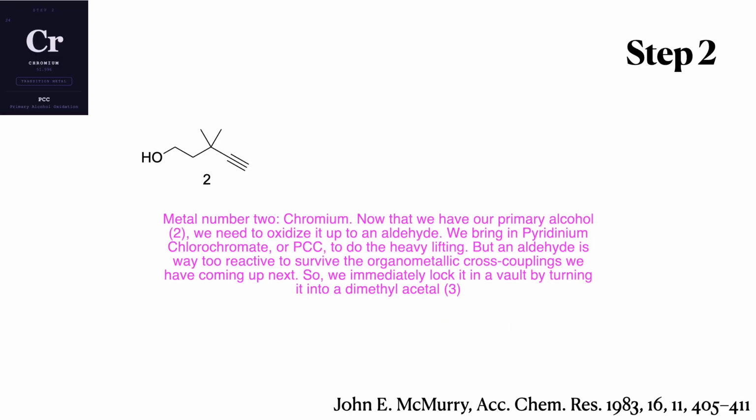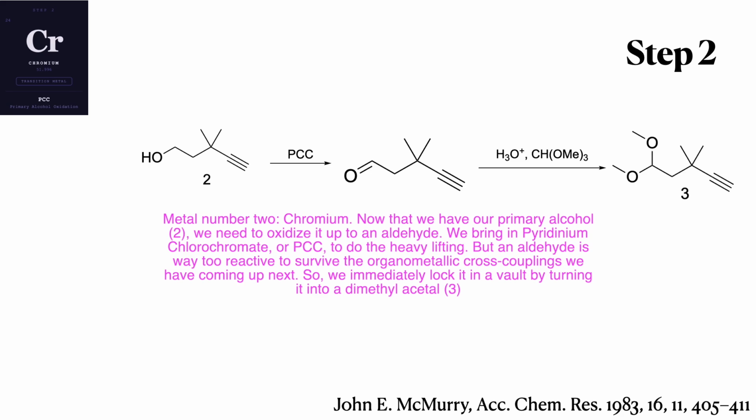Number 2, chromium. Now that we have our primary alcohol, we need to oxidize it up to an aldehyde. We bring in pyridinium chlorochromate, or PCC, to do the heavy lifting, but an aldehyde is way too reactive to survive the organometallic cross-couplings we have coming up next.